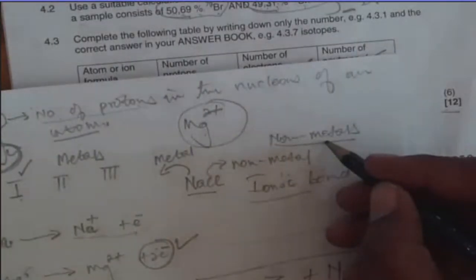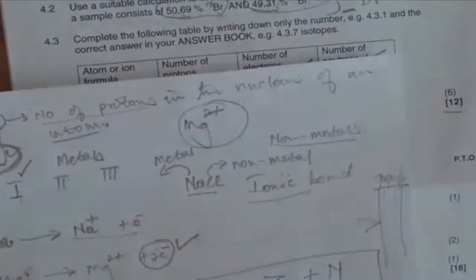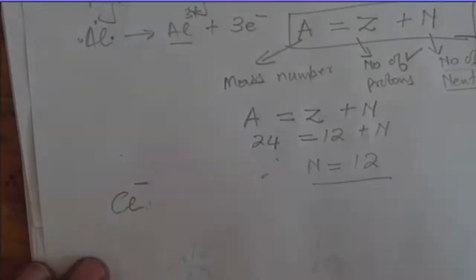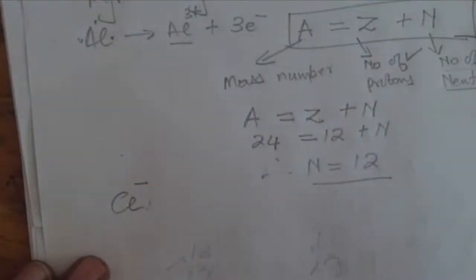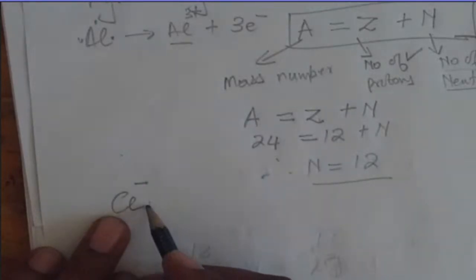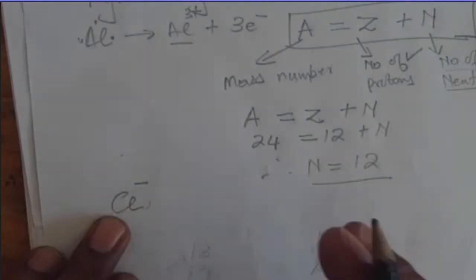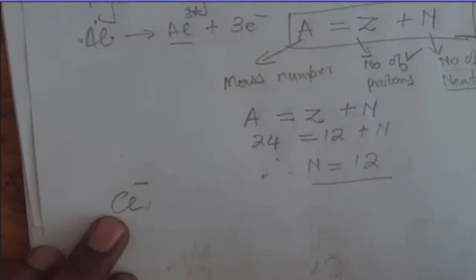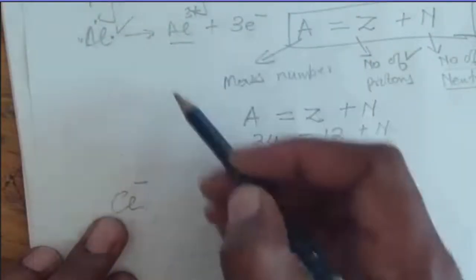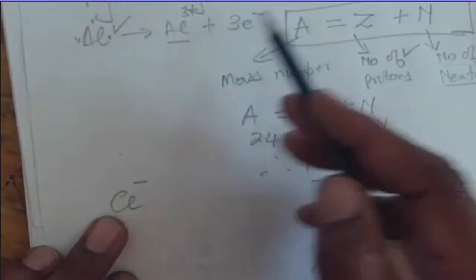Chlorine is group 7, a non-metal on the right-hand side, a halogen. Elements in groups 5, 6, 7 need to gain electrons to get to group 8, while groups 1, 2, 3 must lose electrons.